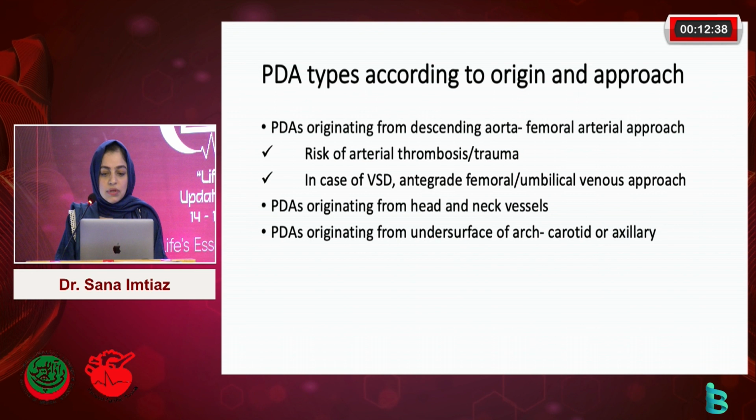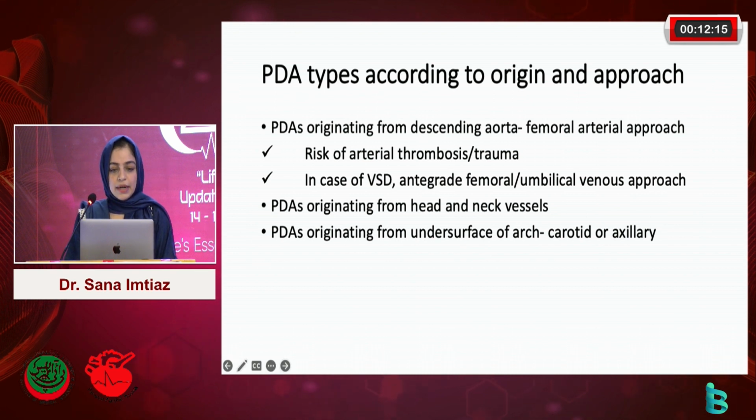To counter this, in case of a VSD, an antegrade femoral or umbilical venous approach has proven to be the best. Catheter position remains stable, and although there can be difficulty due to acute turns, you are not worried about arterial thrombosis in this vascular access.